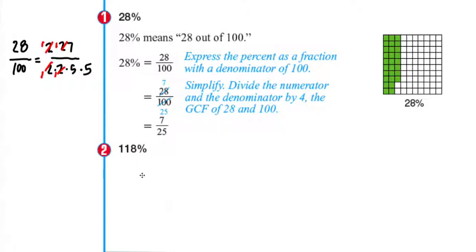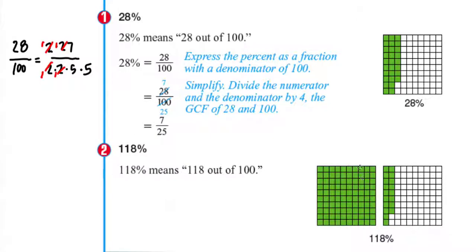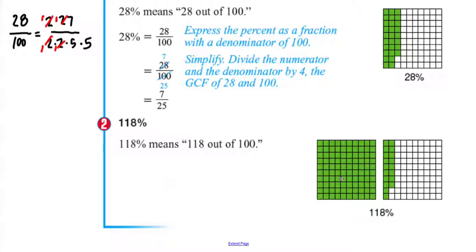If you take a look at example number 2, 118% means 118 out of 100. Create a model of 118%. You have 100 shaded and another 18 shaded on the other unit. And that's 118%. So we want to express the percent as a fraction with a denominator of 100.